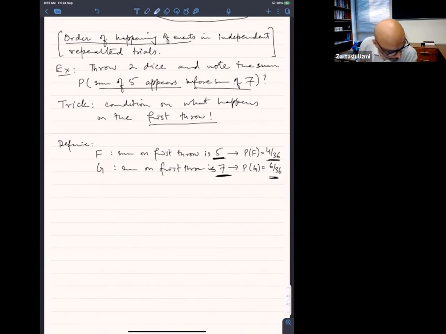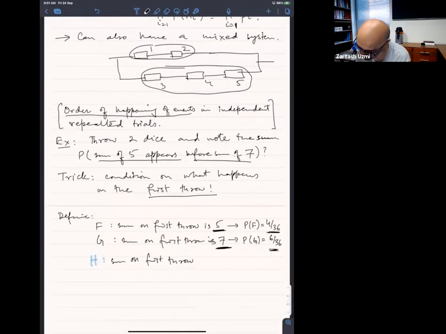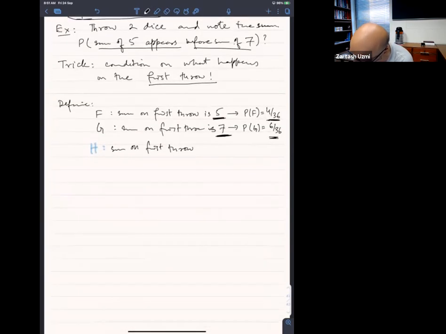Let me also define the event H that the first trial, the sum on the first throw, and a trial is also called a throw. Repeated trials means repeated throws, repeating the experiment again and again. The sum on the first throw is neither 5 nor 7, which means an uninteresting outcome. I will throw again. If something else appears, I will be back to square one.